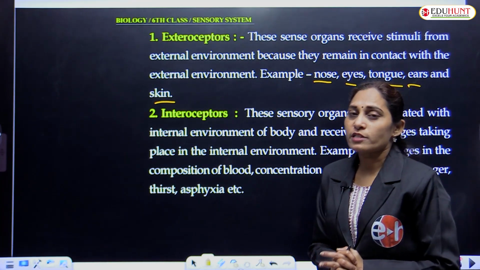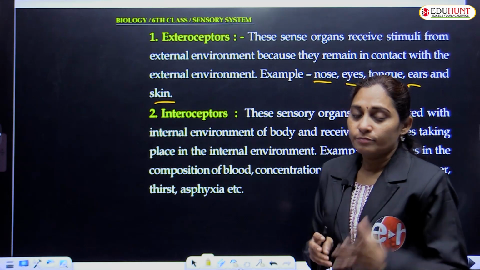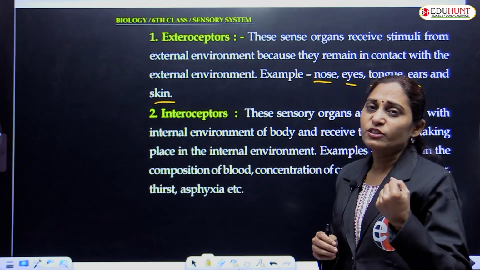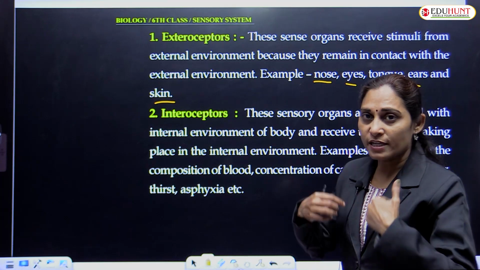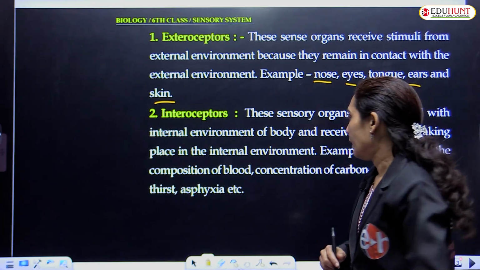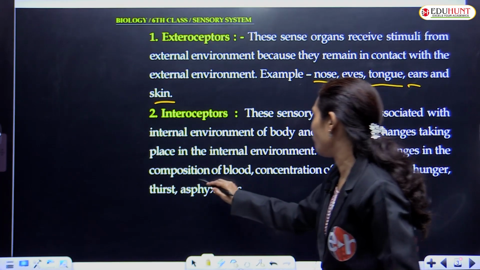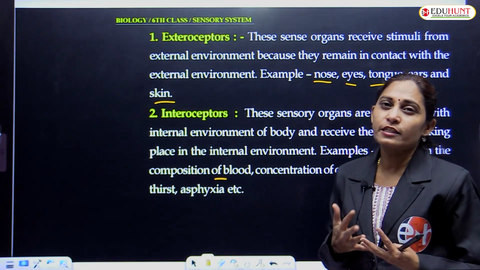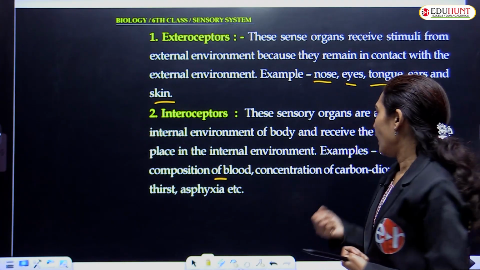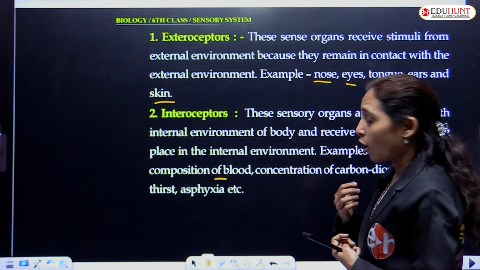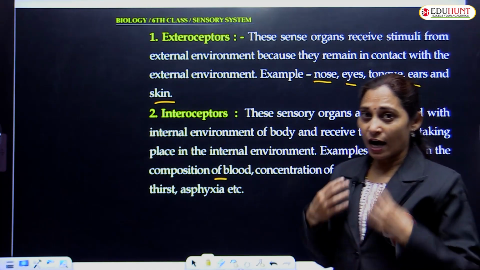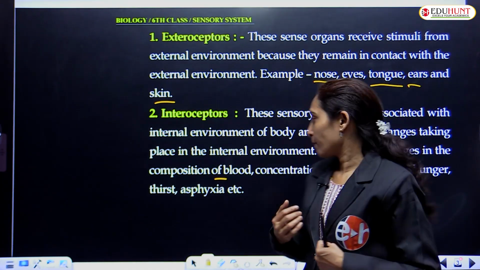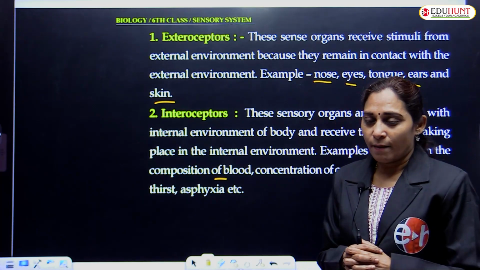Interoceptors are the organs which receive the stimuli present inside, like the composition of blood, changes in the composition of blood, and even the concentration of carbon dioxide, even hunger, thirst, and also asphyxia.